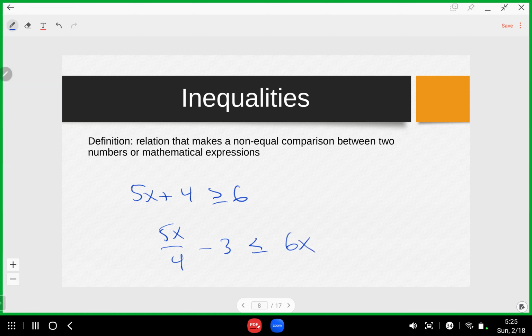Something like this, right? We're going to be solving these types of inequalities, okay? And eventually you're going to solve the inequality, and you're going to get to something like x greater than or equal to a, for example.